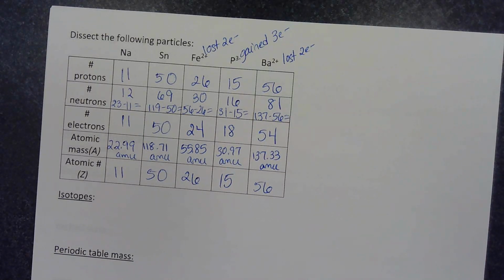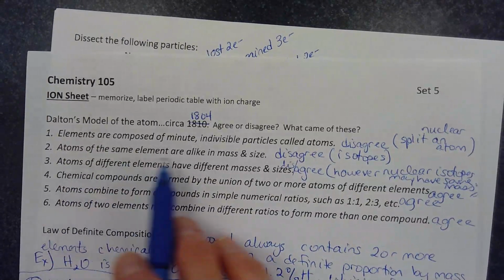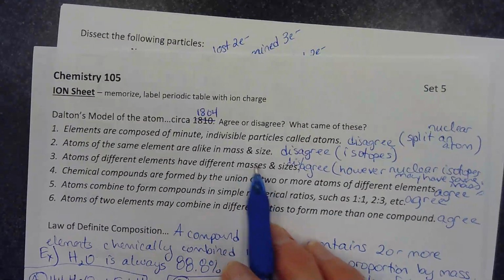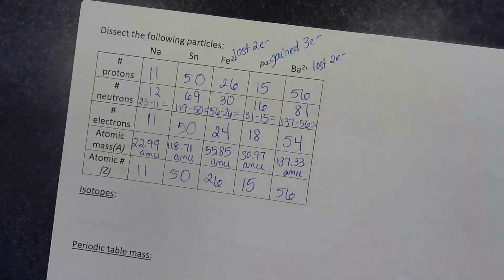Okay? All right, let's talk about isotopes now. So isotopes: in Dalton's theory back here, I put that atoms of the same element are alike in mass and size, and then I said we disagree because of isotopes. So what is an isotope?